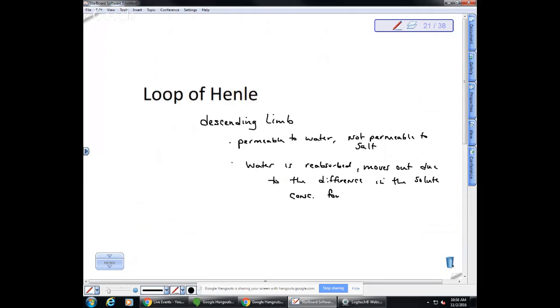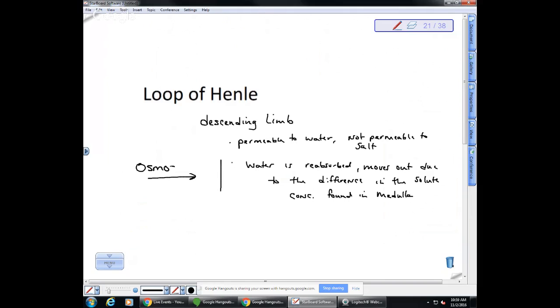So think medulla, all the fluid that is surrounding the cells in the medulla has lots of solutes in it, so it just sucks the water out. And so this is an example of osmosis.